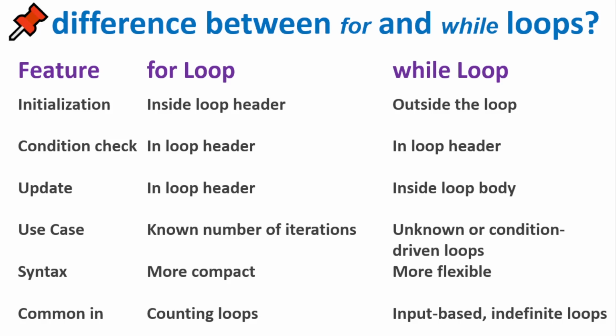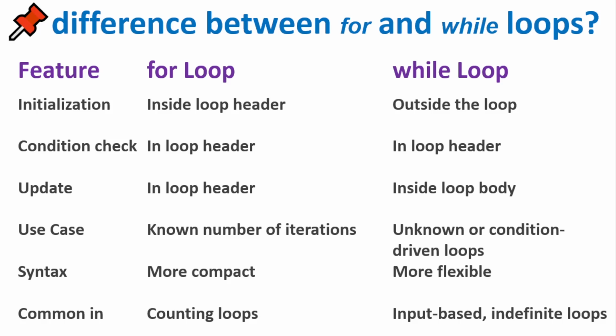A for loop includes initialization, condition check, and update all in the loop header, making its syntax more compact and easier to manage when the number of iterations is known. In contrast, a while loop only includes the condition in the header, with initialization and update done manually.